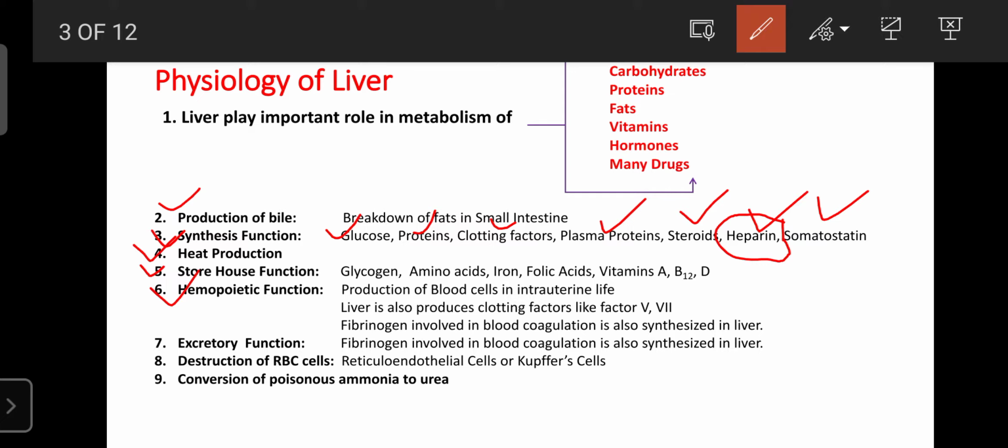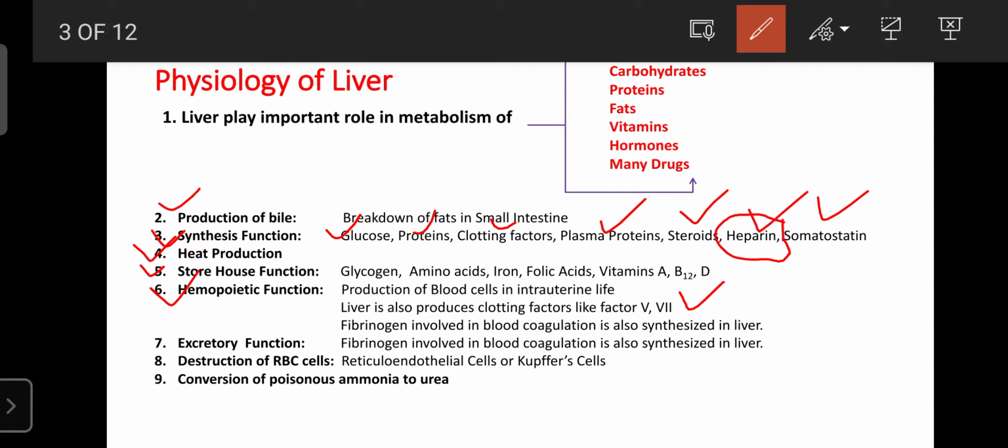In intrauterine life. So dear students, the liver also produces clotting factors like factor 5 and factor 7. These coagulation factors are helpful for blood coagulation and prevent hemorrhage. If there is any problem in the liver, then blood coagulation does not occur, and internal hemorrhage results.